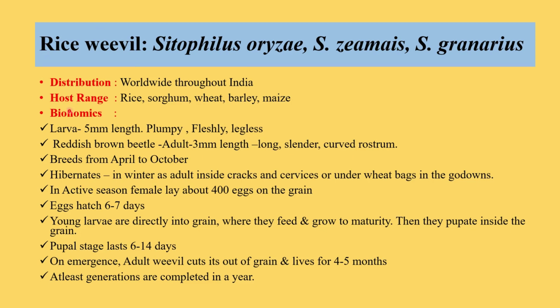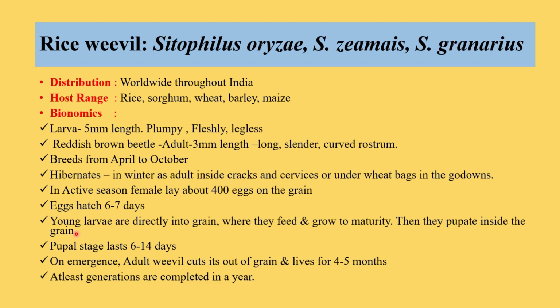The rice weevil breeds from April to October, and it hibernates in winter, making cracks and surfaces in the wheat bags, in the godowns or in the rice. In active seasons, it lays about 400 eggs on the grains, and the eggs hatch in 6 to 7 days.